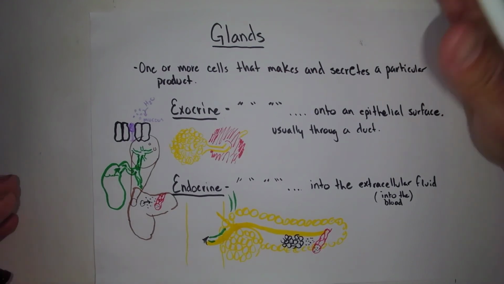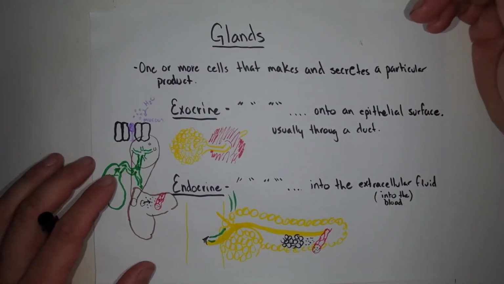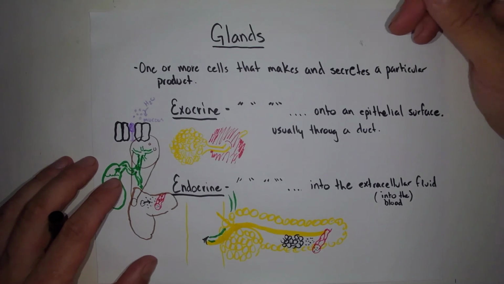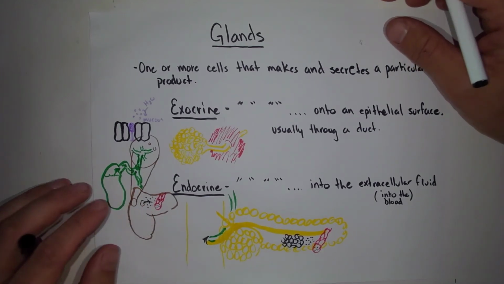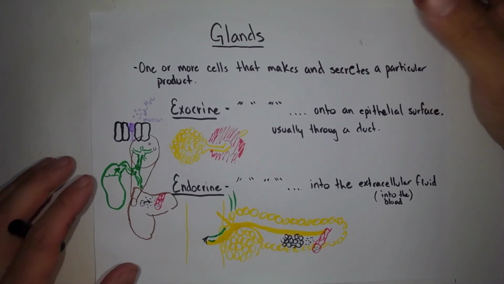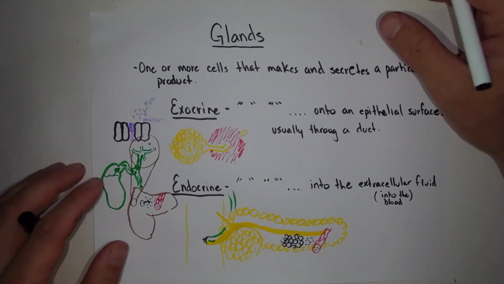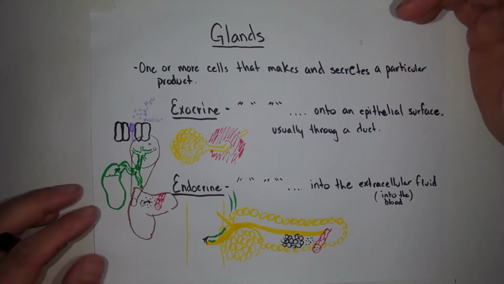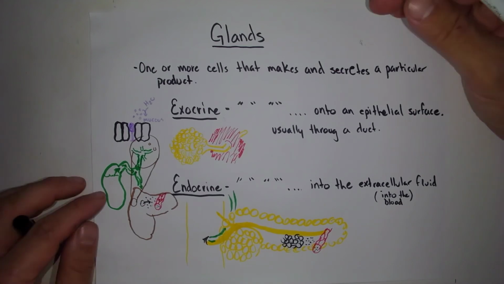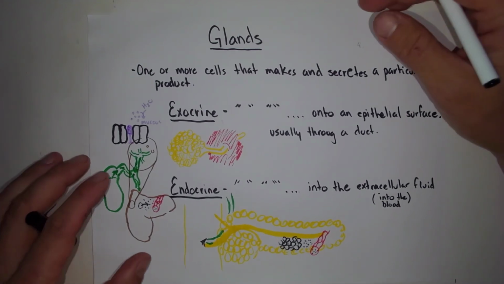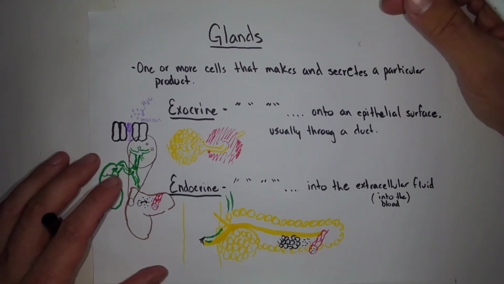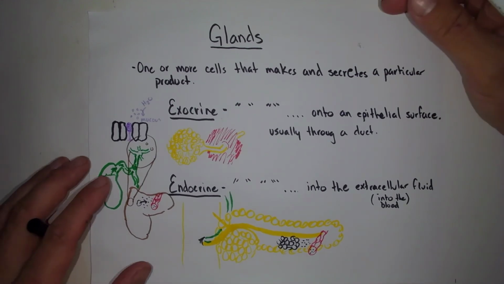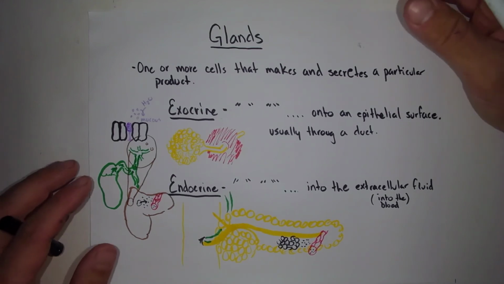But the lines aren't clear cut between all these products. Some could be enzymes, and it's hard to discern whether we consider them an endocrine hormone or not, and it's really a matter of opinion. And there's a lot of disagreement, or not necessarily disagreement, but just different ways of talking about what category what falls into.